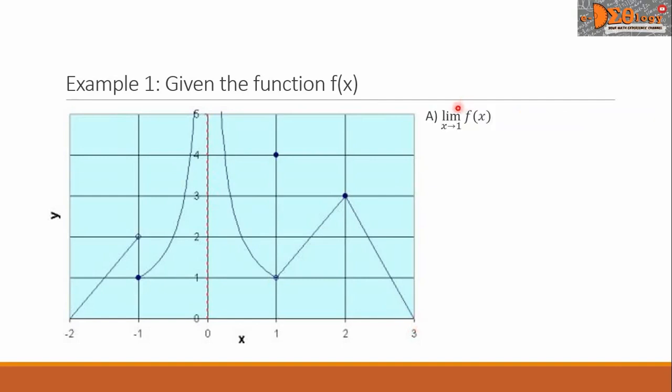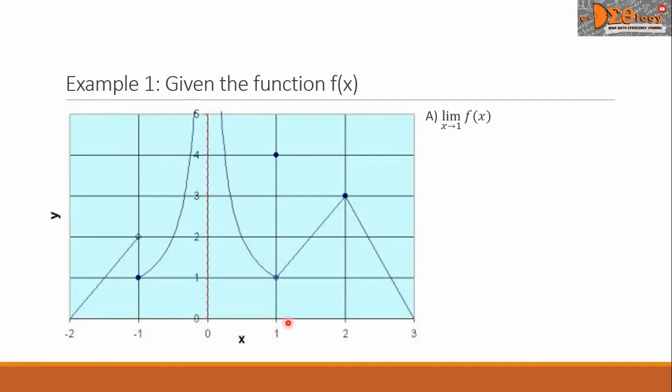So let us have the limit of f of x as x approaches 1. This is our x-axis. The number 1 value is here. So when x approaches 1, let us observe where is the height of the graph.